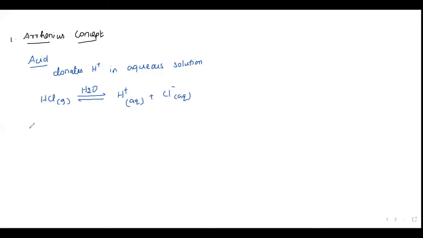Then as per Arrhenius concept, what is base? Acid means donating H plus ion. Base means a substance that dissociates to give hydroxyl ion, that is OH minus ions, in water.